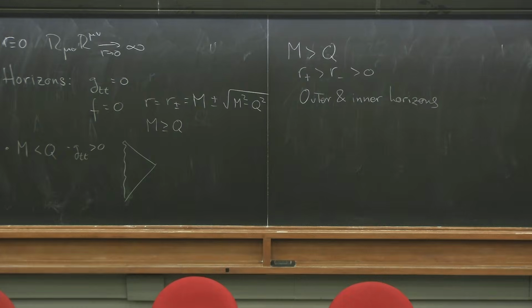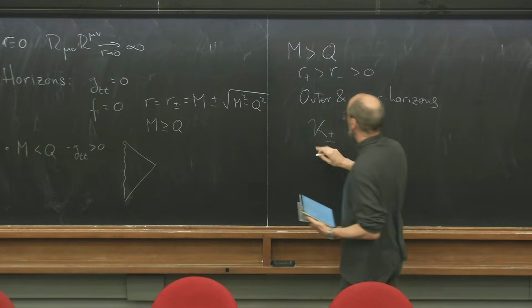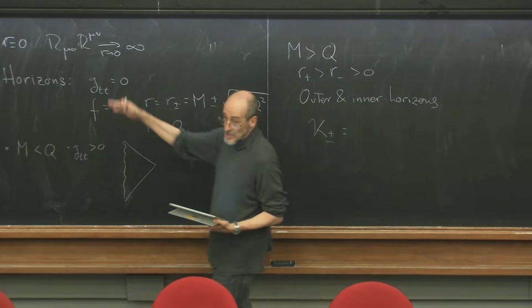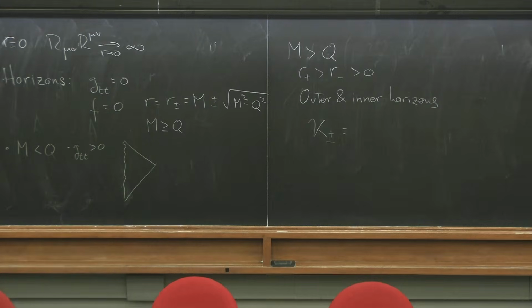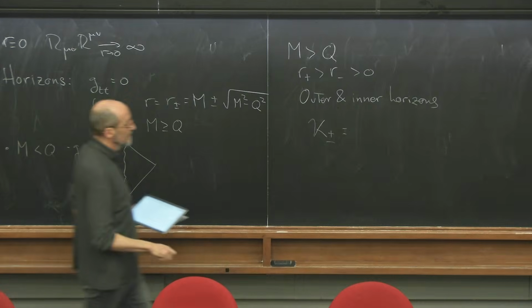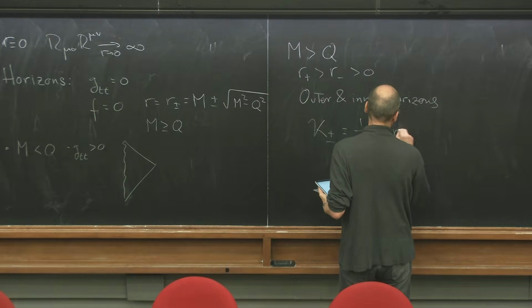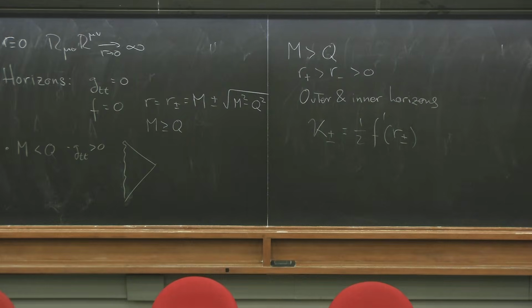They're Killing horizons. We can compute their surface gravity, kappa. Surface gravity is a measure of force. So if this is the potential, the derivative of the potential gives you a force. This is what we call the surface gravity, the derivative of this potential at the horizon.